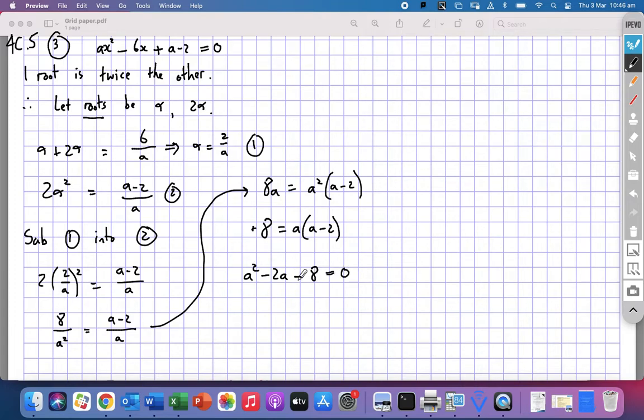And I can solve this and figure out what A is, although there are going to be two answers. So if I factorize it, product and sum, again, slightly different context, I will find that A equals minus 2 and 4.